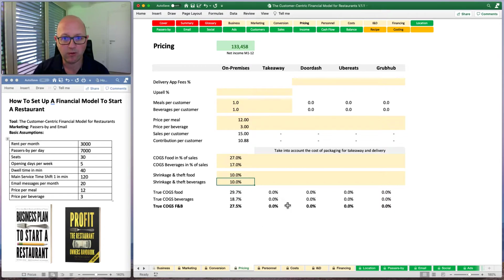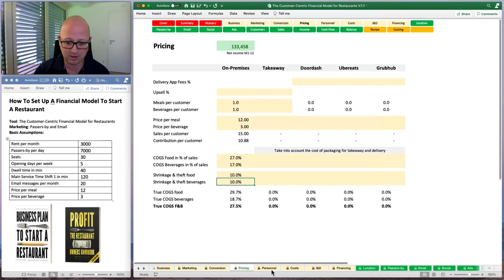Okay, so now we have our basic assumptions, and you already see our net income shows $133,000 in profit, but please consider we are not finished yet, because we haven't put in any cost besides the COGS. So this is not ready yet. You must finish all your assumptions, and then you can have a realistic look at this number.